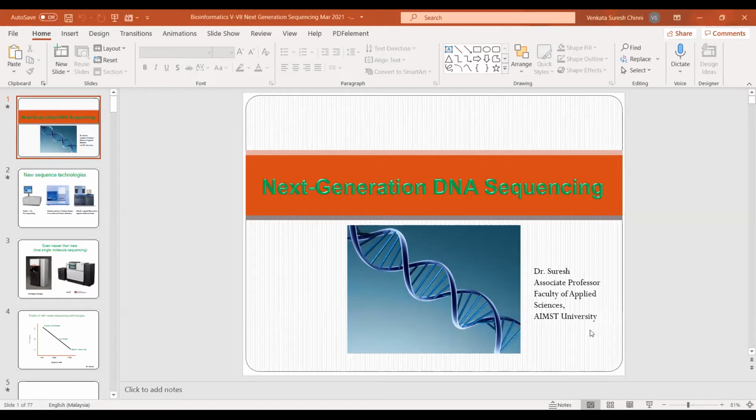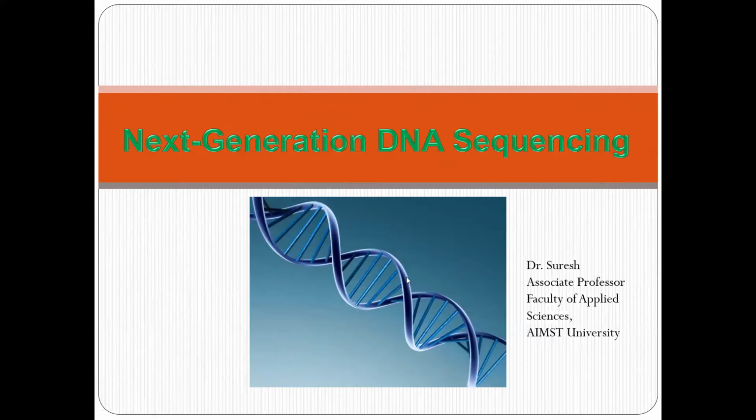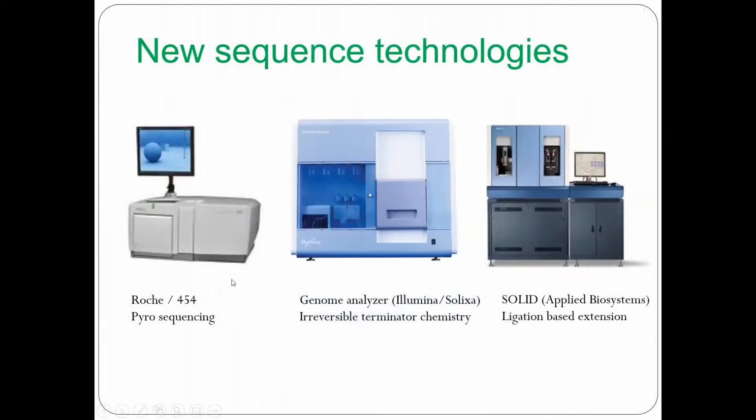But using the new technologies, we are going to see in the next two or three classes, this Roche pyrosequencing and Illumina Solexa sequencing. These two technologies we will understand more, and this one we will not go into deeply.